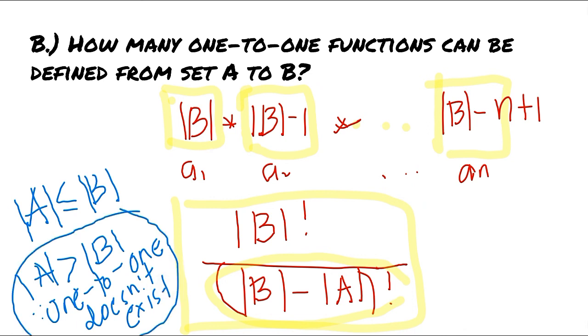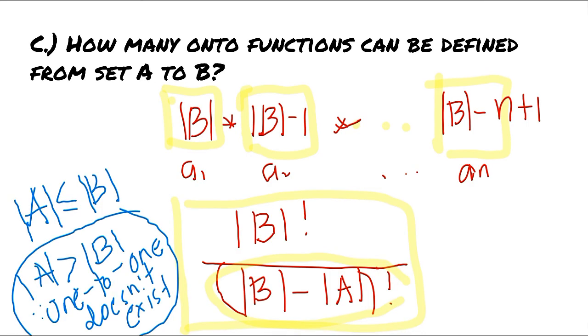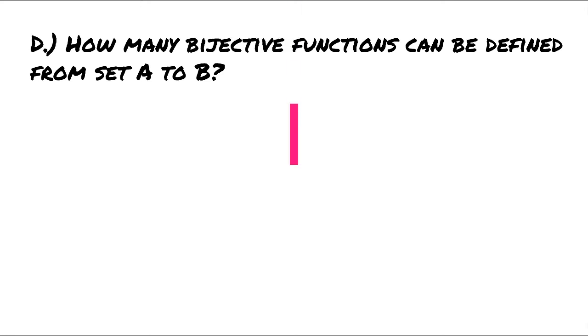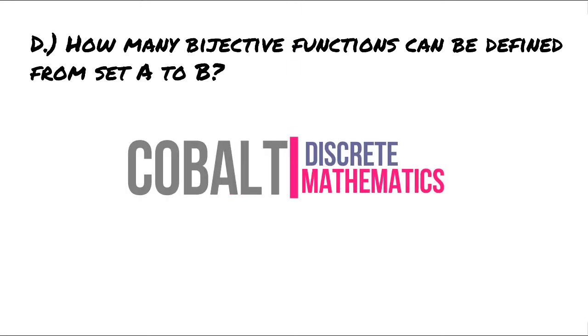So this equation is bounded by when a is less than or equal to b, and that's it. For the next video, we're going to compute the onto functions and bijective functions.